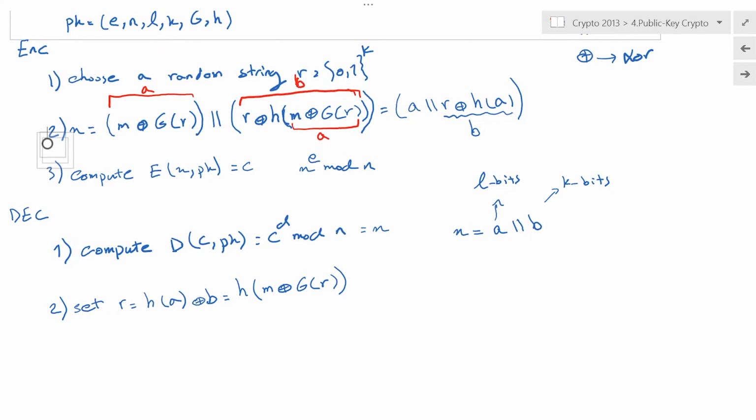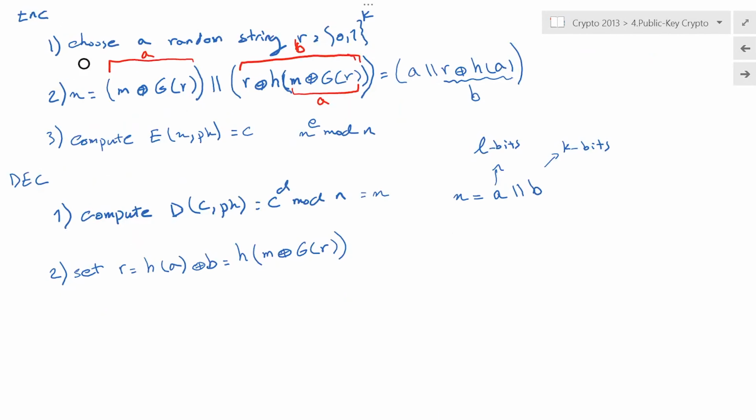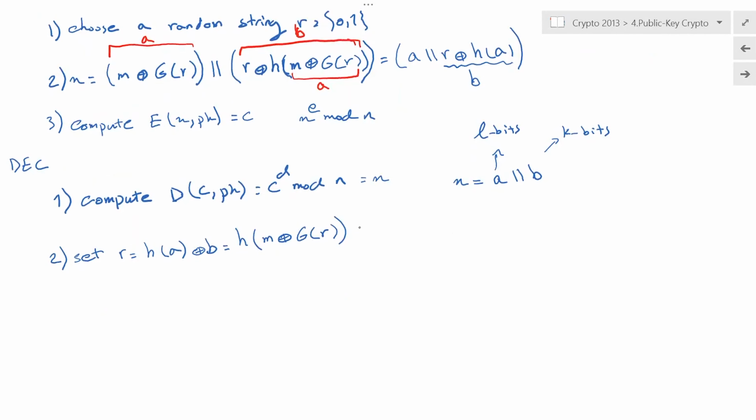If I write it down over here, if I XOR this one with b, b is R XOR with the hash of m XOR with G of R, right? All right.